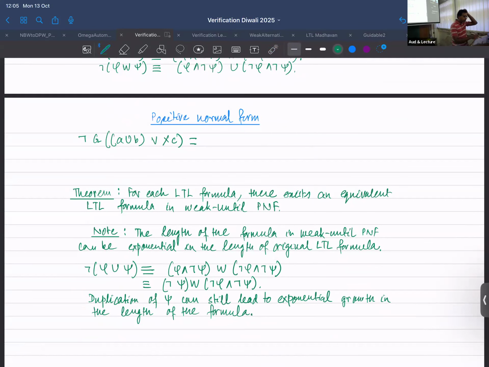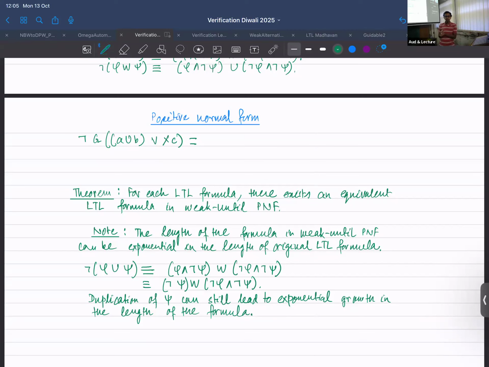So just to give you another example. What can we do here? If we want to put the negation inside, what are we going to get here? Negation of always A until B or next C. So what can you do here? Negation of this G. It is not the case that always this holds.